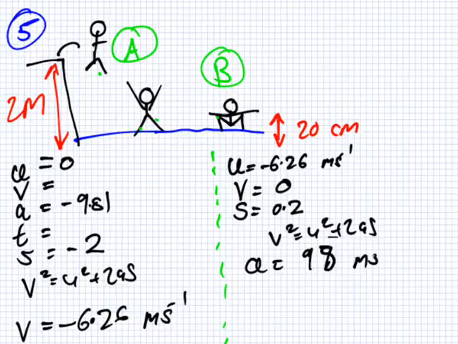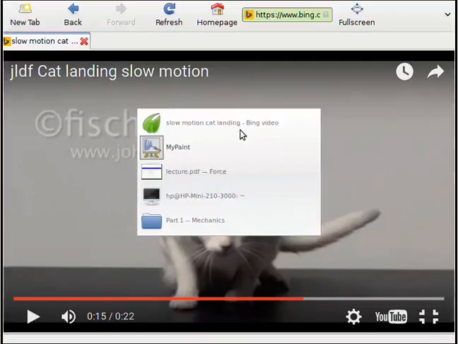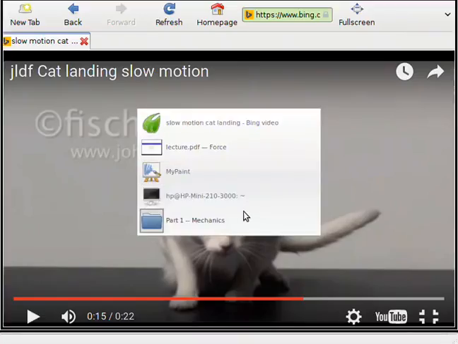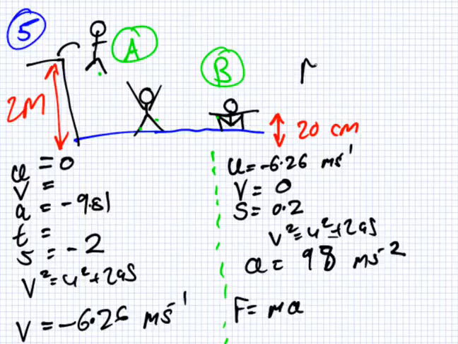Okay, so in the A picture, u, v, a, t, s, what's the u? 0. v we don't know, a is minus 9.81, t we don't know, and s is minus 2. Let's calculate the v. We can use v squared equals u squared plus 2as. Is the u 0? Yeah.